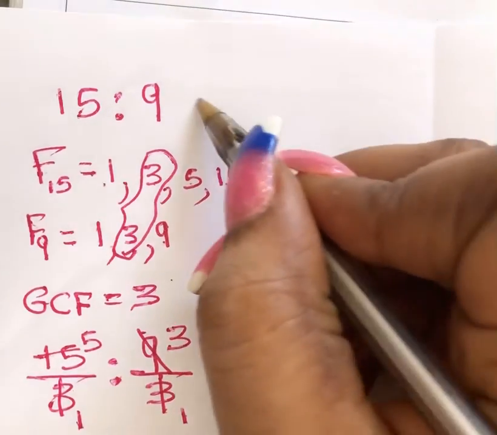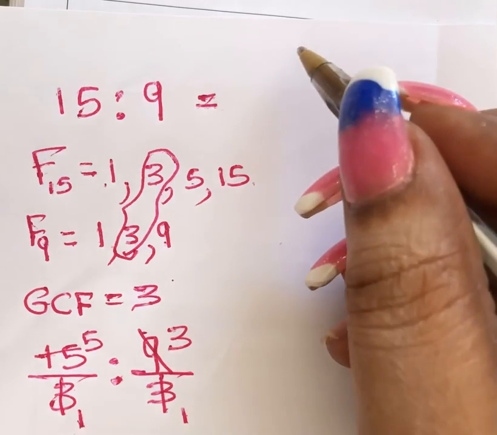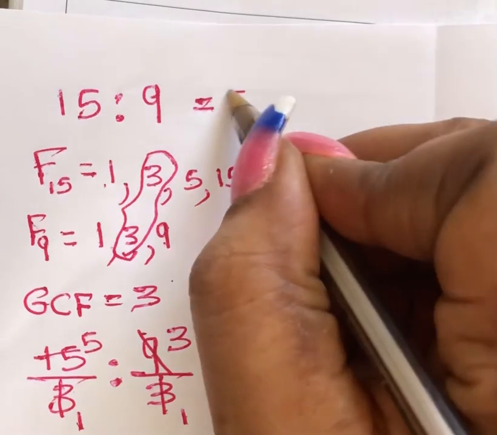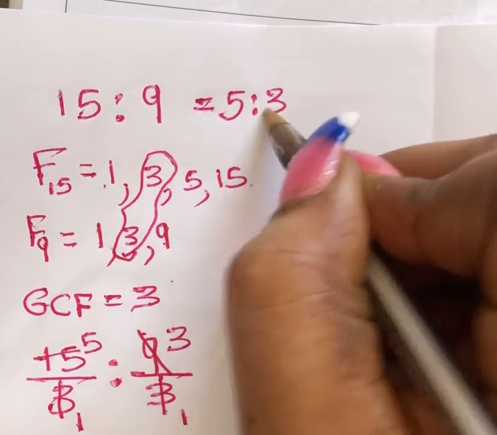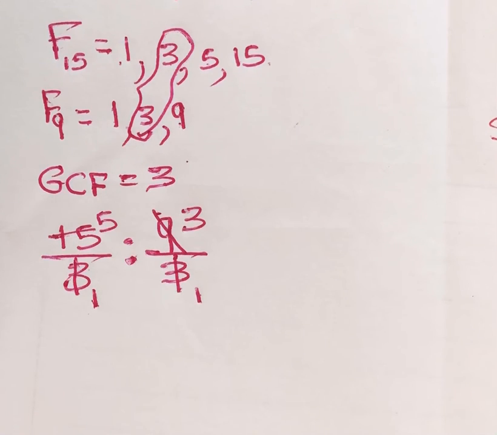Therefore, we can say that 15 to 9, when written in its simplest form, is 5 to 3.